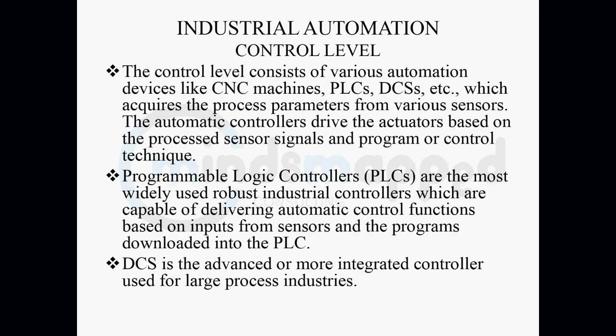So now we come to the control level. The control level consists of various automation devices like CNC machines, PLCs, DCS, which acquire the process parameters from various sensors or field devices, right? The automatic controller drives the actuator based on the processed sensor signals and program or control technique.